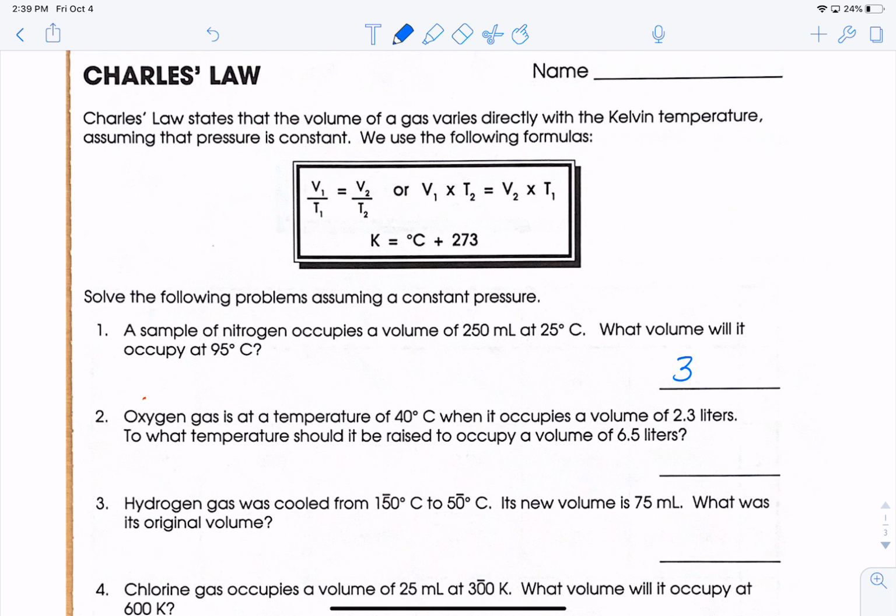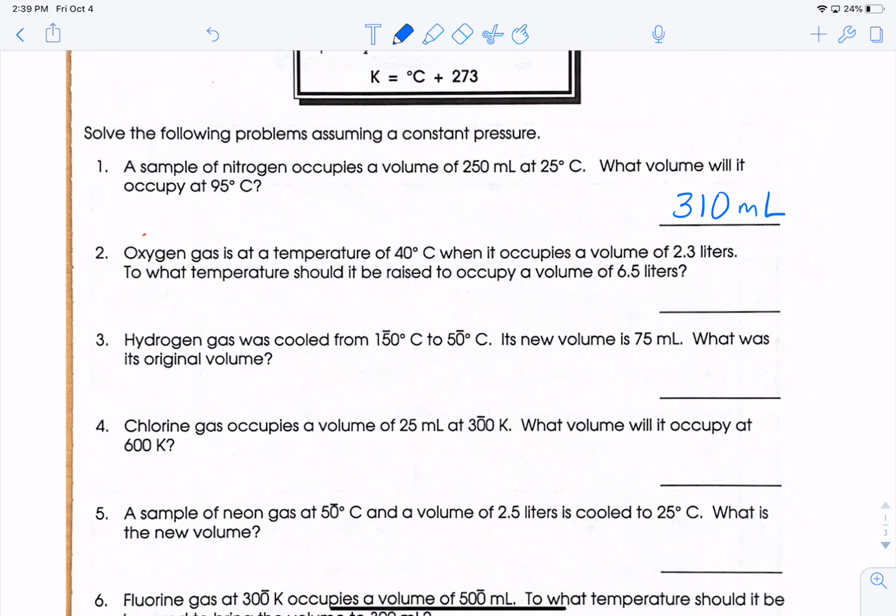So, answers. We've got 310 milliliters, 880 K, or 610 degrees Celsius. We've got 98 milliliters. Now, if you notice on problem 3, it has that weird line above the 5 or the 0.